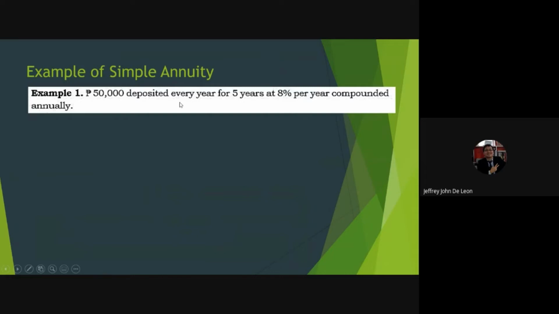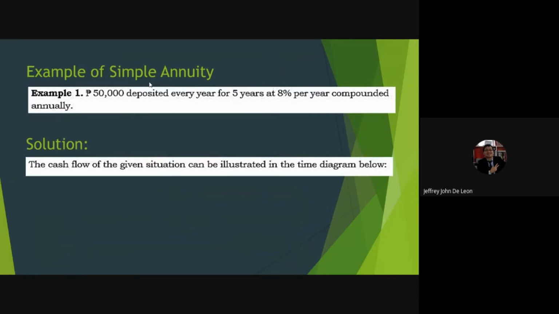I'll repeat. You deposit 50,000 every year, so the payment interval is every year, and the interest period is compounded annually. So they are equal. Therefore, this is a simple annuity.